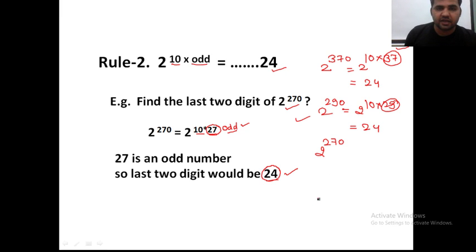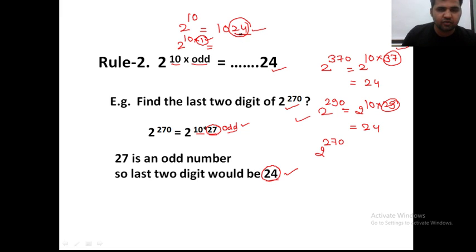If you ever get confused between rule number 1 or 2, you just remember what is 2 power 10. 2 power 10 is 1024. The last two digits are 24, right? And 2 power 10 can be written as 2 power 10 into 1, and 1 is an odd number. So if this number is odd, the last two digits would be 24.